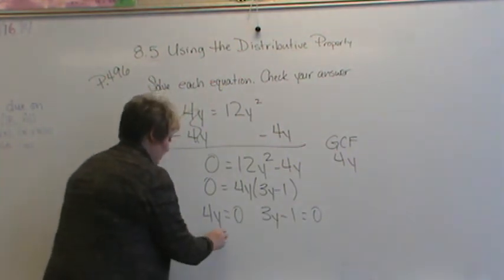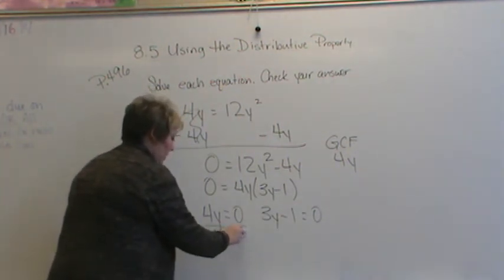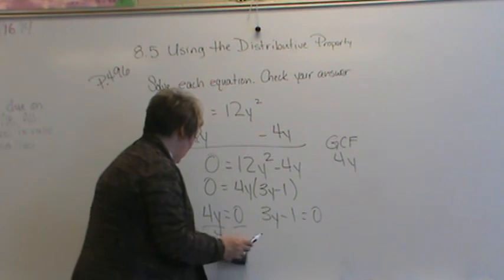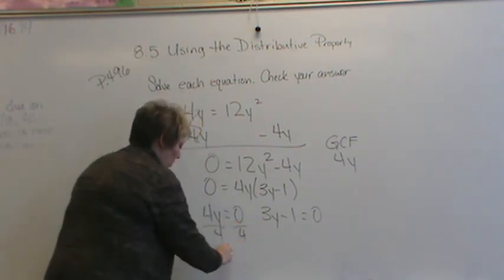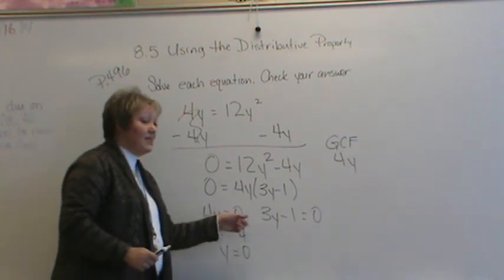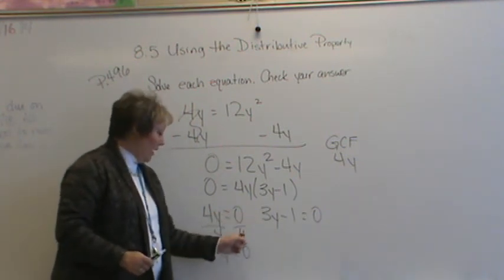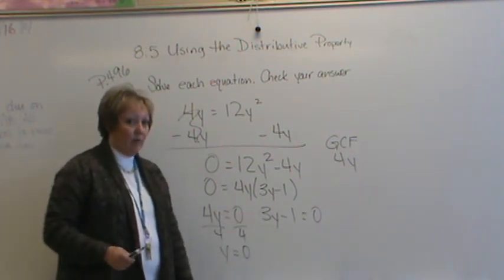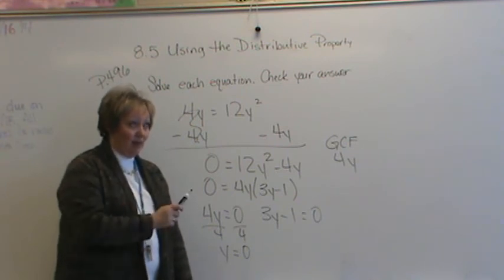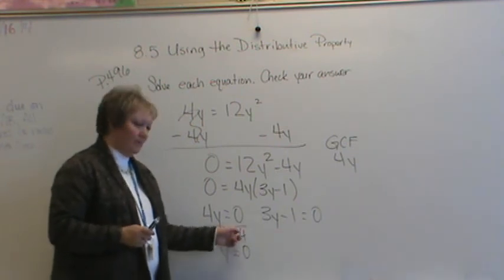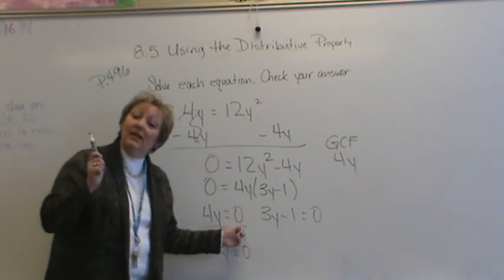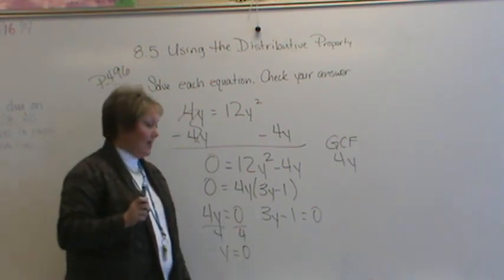Solve this. Well, if I divide 0, not by 0, by 4, I get y equals 0. Now we can have a 0 in the numerator, but we cannot have a 0 in the denominator. Why not? Division by 0 is undefined. Don't forget that.